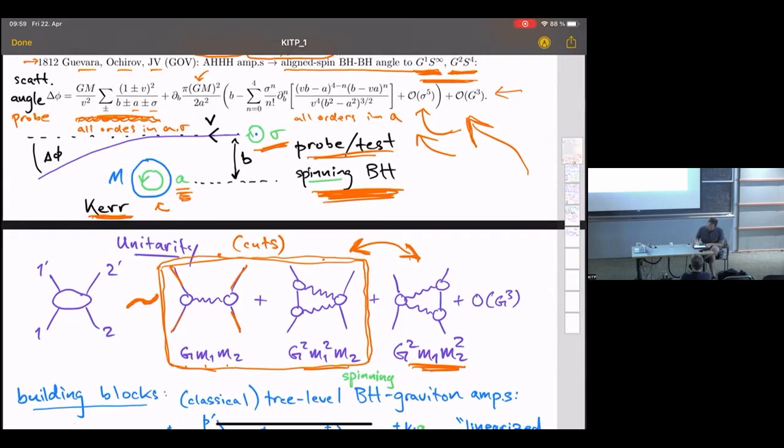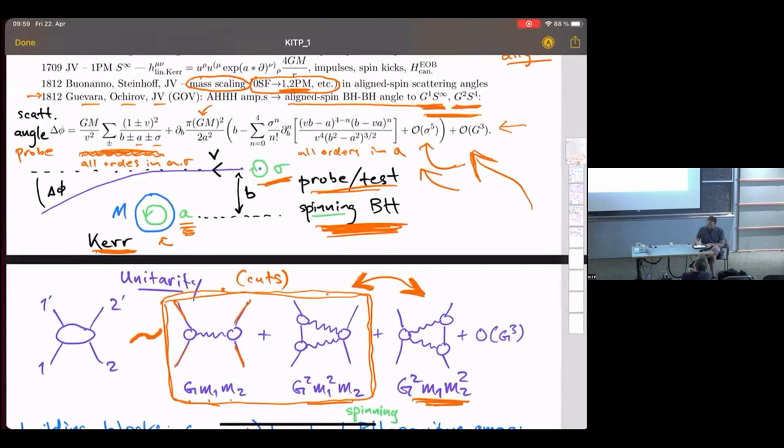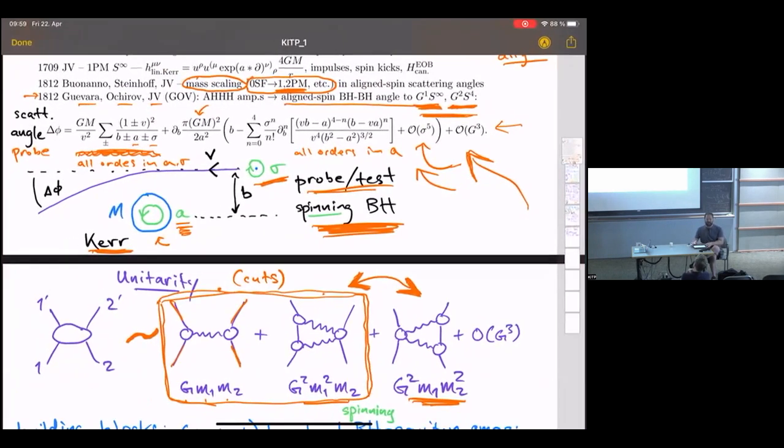But all of the information in this term that we're missing in the probe limit on that side is in the term that we have in the probe limit. So I'm reiterating this claim that up to second post-Minkowskian order g squared, all of the information is in the probe limit, even with spin and seemingly to all orders in spin.